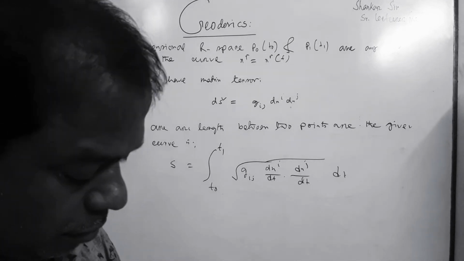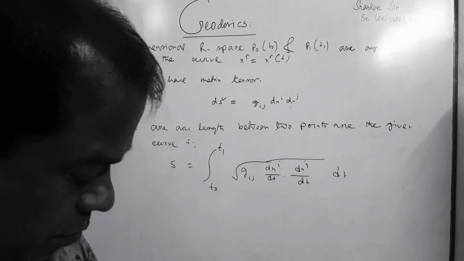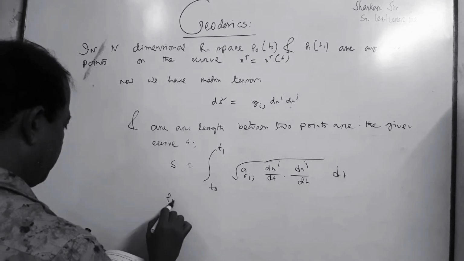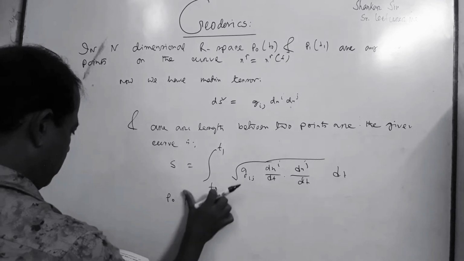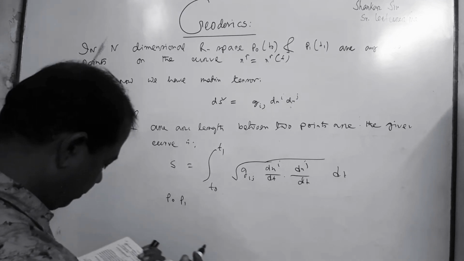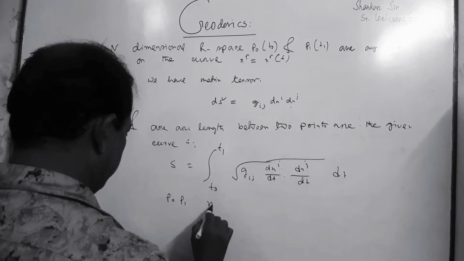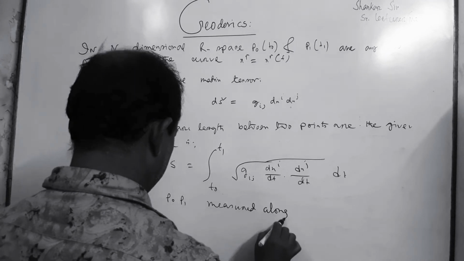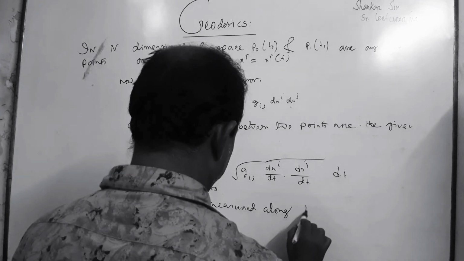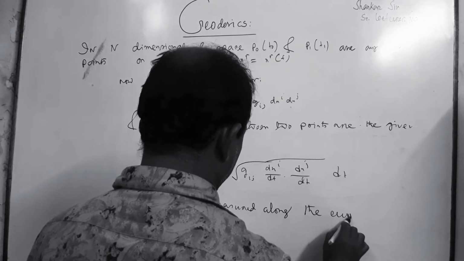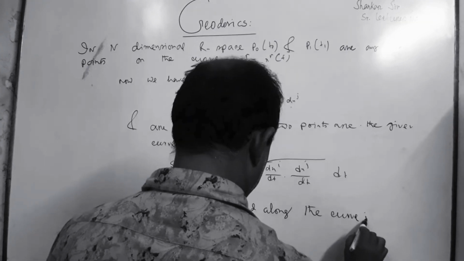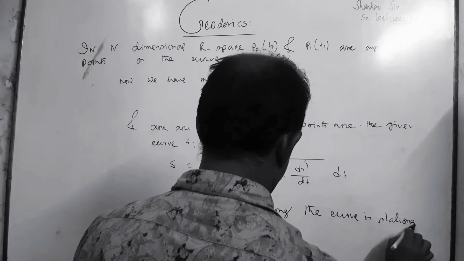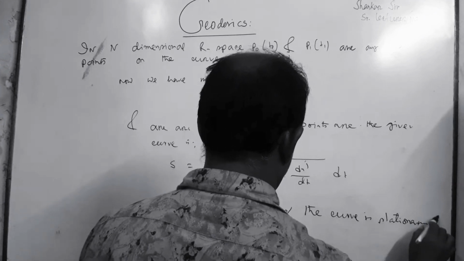It passes through the curve, which is P0 and P1, measured along the curve, is a stationary point.